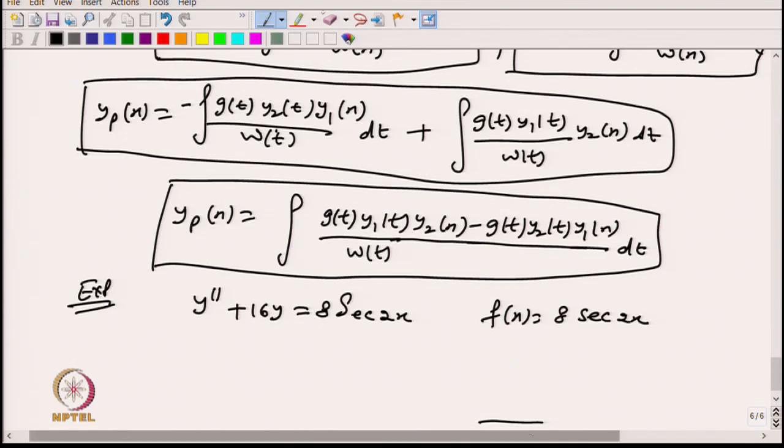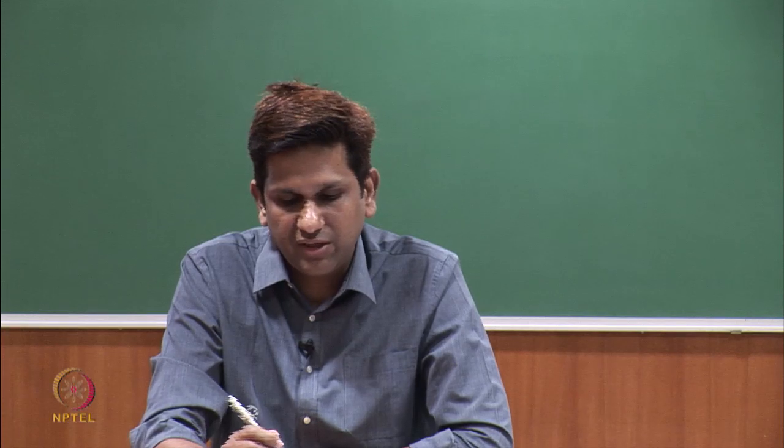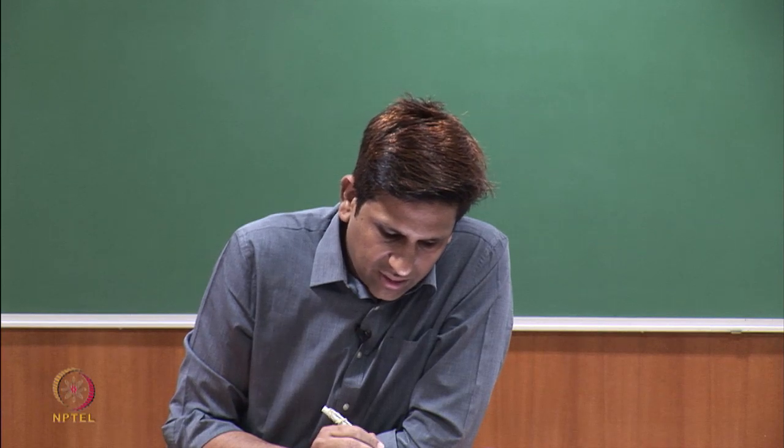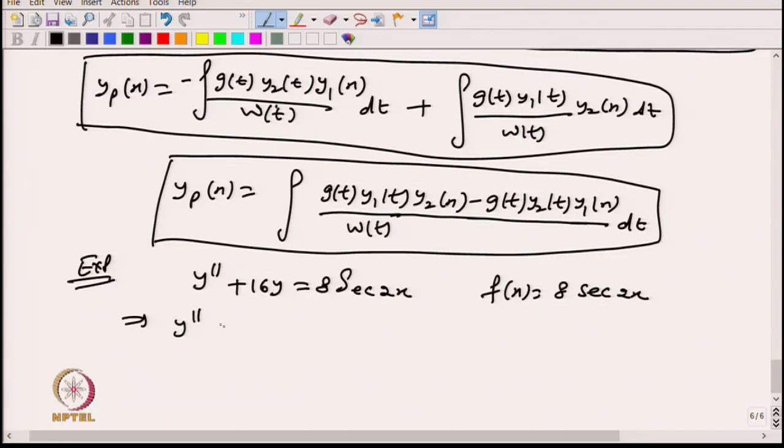So, if I want to find the particular solution here, I have to apply the method of variation of parameters. But to start with it, I should know the two solutions of the corresponding homogeneous differential equation. So the homogeneous part is y double dash plus 16y equal to 0.